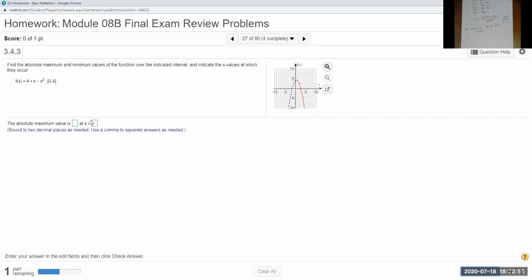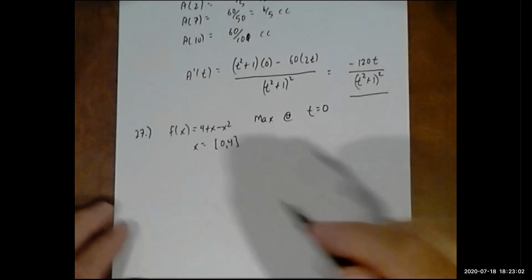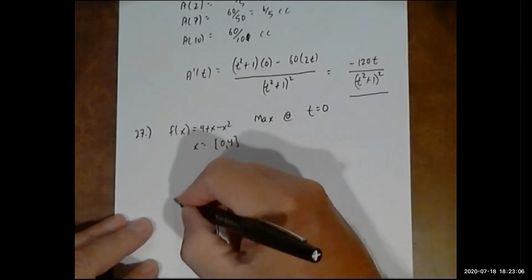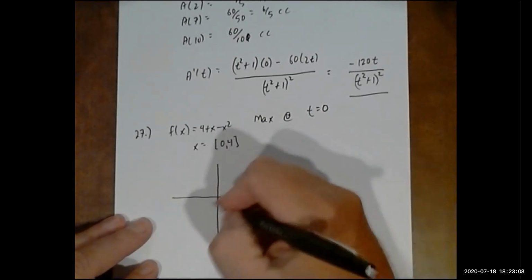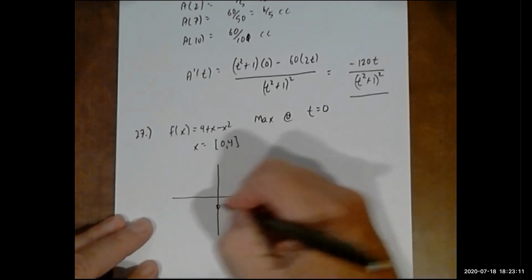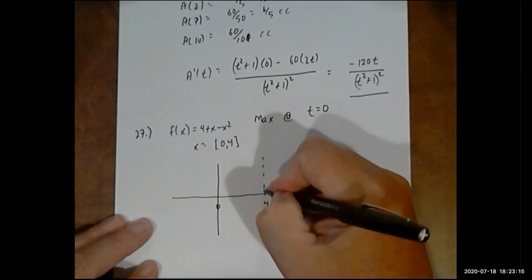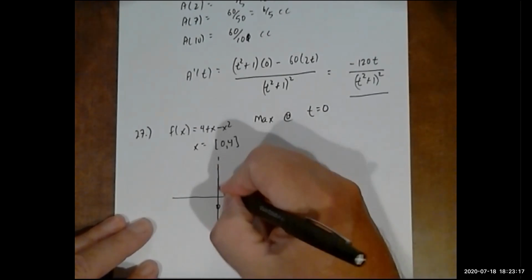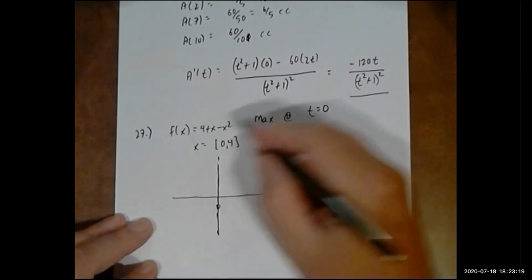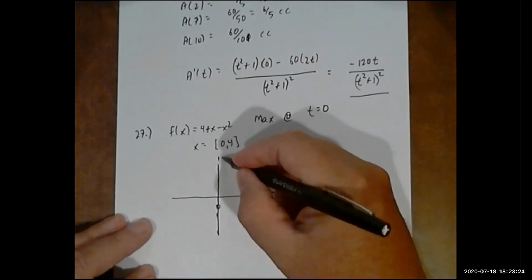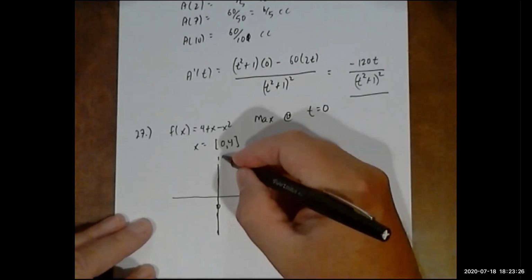So let's talk about this. For this problem, let me do a little talking with the graph, and then we'll actually solve this. Think of 0 and 4 here. We've got a function, but we're only looking at the function in between 0 and 4.